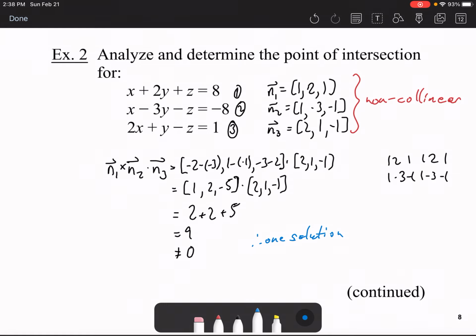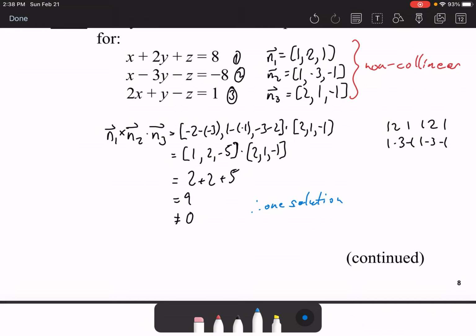So now we've got to determine it by eliminating one of the variables. So let's say I take equation 1 and I take equation 2 and I add them. So 1 plus 2, that's going to give me 2x minus y, no z's, equals 0.